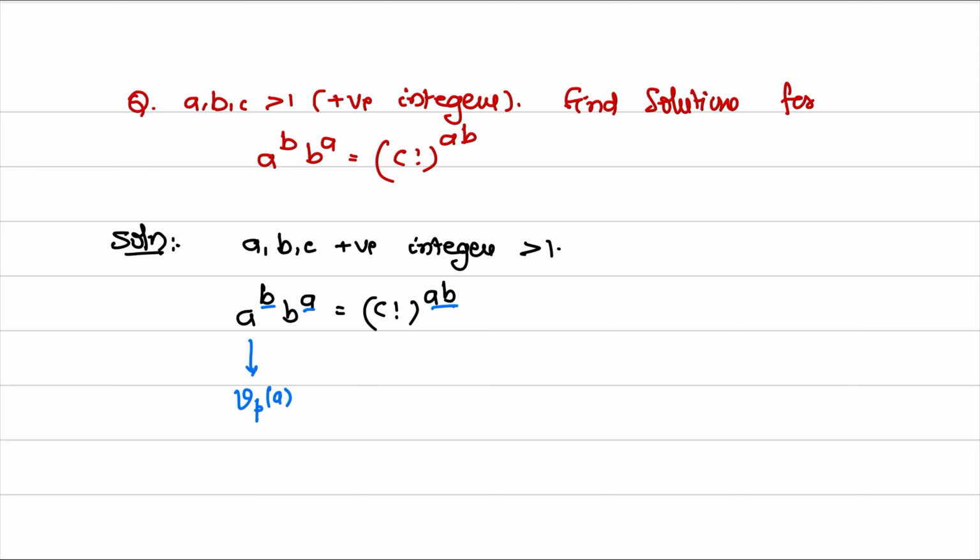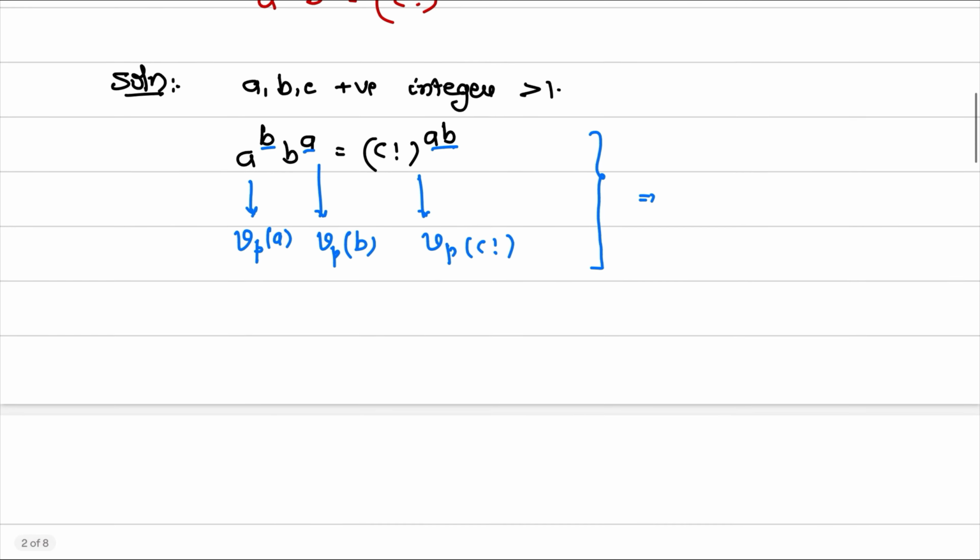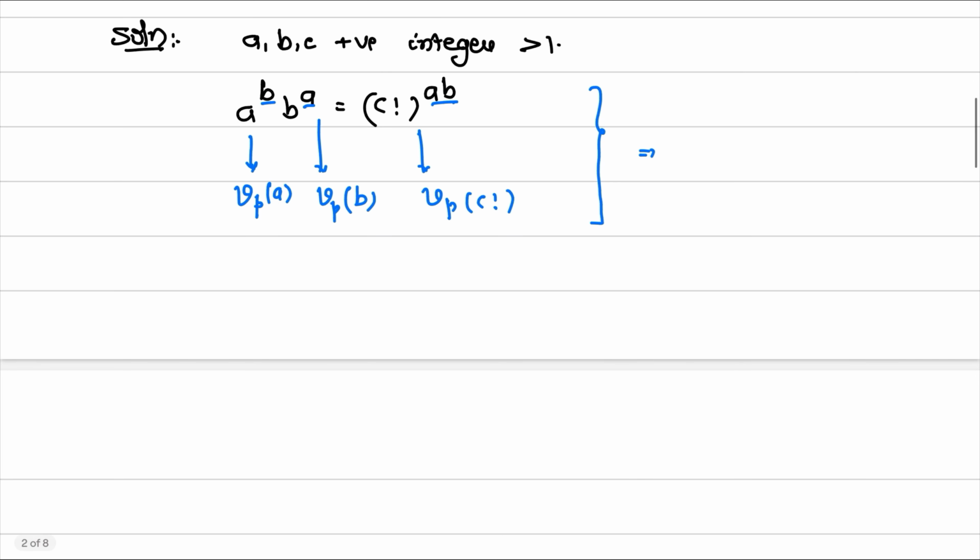Let this be VP of B, exponentials of primes of B, and this is VP of factorial C, exponentials of primes of factorial C. From this, we get the equation B into VP of A plus A into VP of B is equal to AB into VP of factorial C.